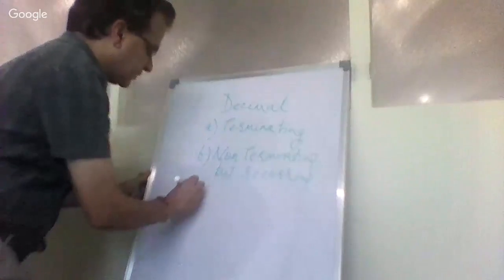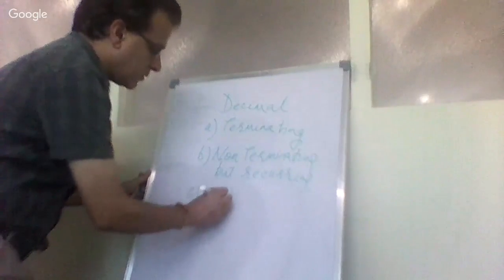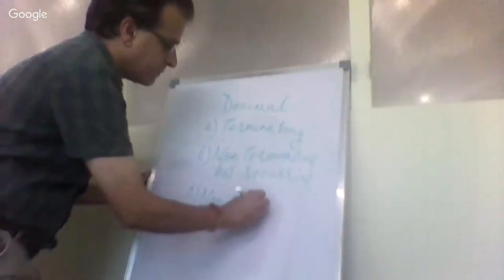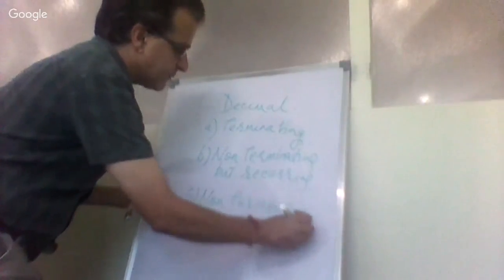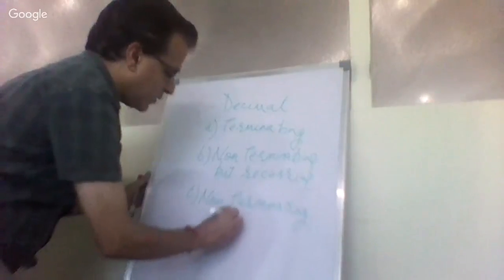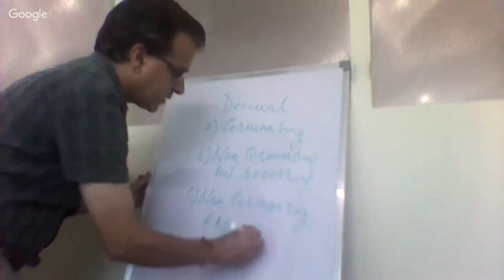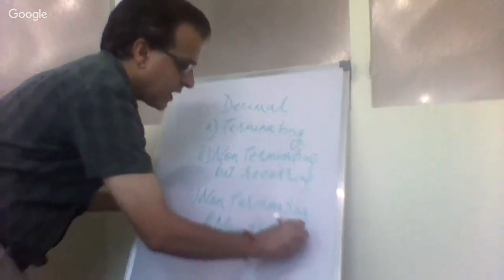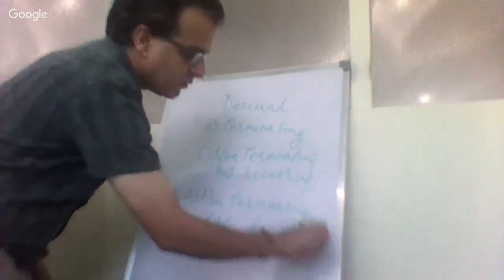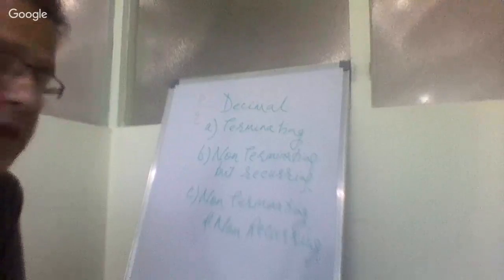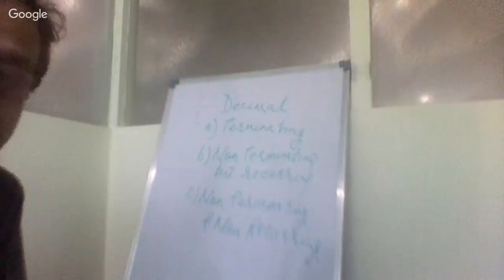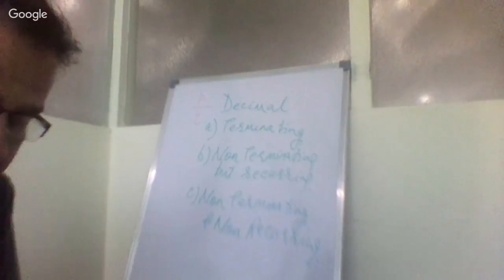And number three, non-terminating and non-recurring. Have you done this before? No, sir. Have you heard of these words: terminating decimal, non-terminating recurring, or non-terminating non-recurring?